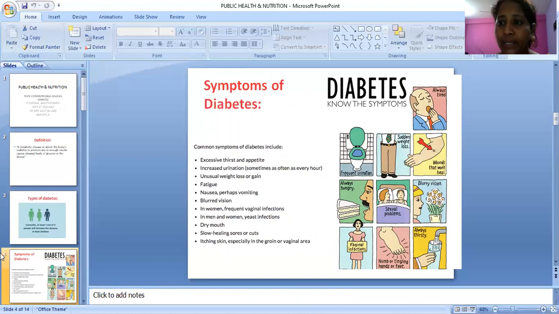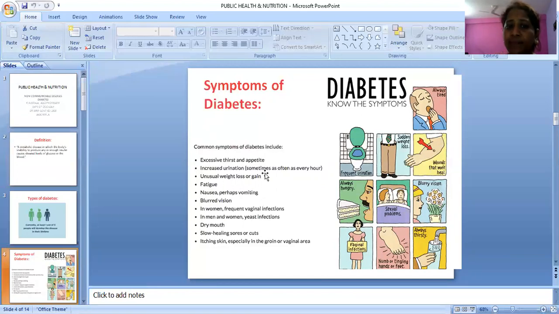Then polydipsia, excess thirst. Next, they even suffer from numbness in their hands and feet, then tingling sensations in their arms, hands and legs. Next, they always seem fatigued. Fatigue means they always look tired. Then vision problems, blurry vision, we can also observe.